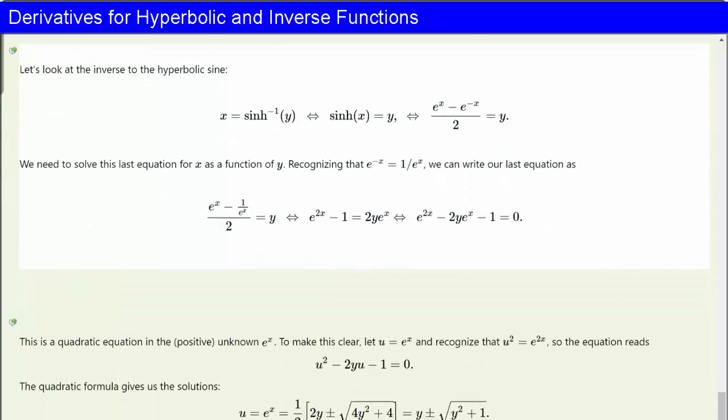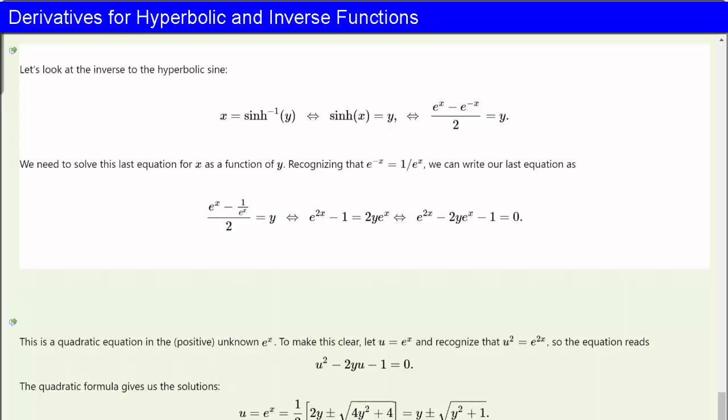Let's look for the inverse to the hyperbolic sine. x equals sinh inverse of y means that sinh x equals y, or e to the x minus e to the minus x over 2 is y. We need to solve this last equation for x as a function of y.